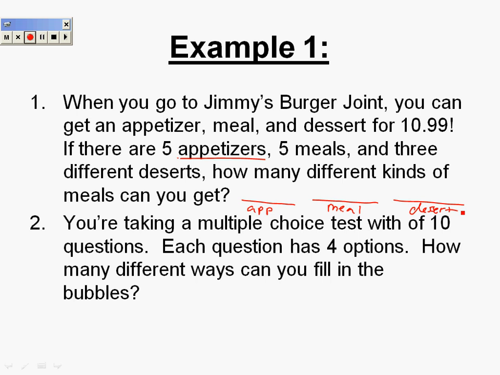But now we have to look at how many ways I can make each one of those choices. How many options do I have for an appetizer? 5. How about a meal? 5. How about a dessert? 3. And so to find the total number of ways, for every appetizer I choose, I have 5 meals that can go with it. So that's 5 times 5 possibilities right there, which is 25. And for each one of those 25 outcomes, I can have 3 desserts. So if I multiply my answer by 3, that'll give me the total number of possible meals for $10.99, which comes out to be 75 different meals.